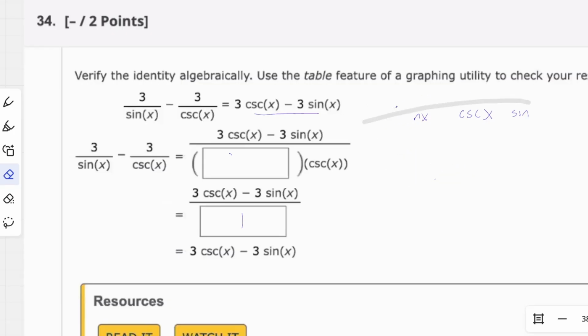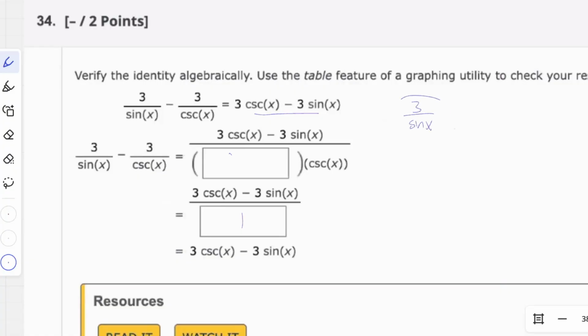But the better way to do that one, if you're good at this, you just know that turns into 3 cosecant x. This is basically 3 times 1 over sine. 1 over sine is cosecant x. And then 1 over cosecant x is just 3 sine x. So it seems like it should just be a one-step problem.